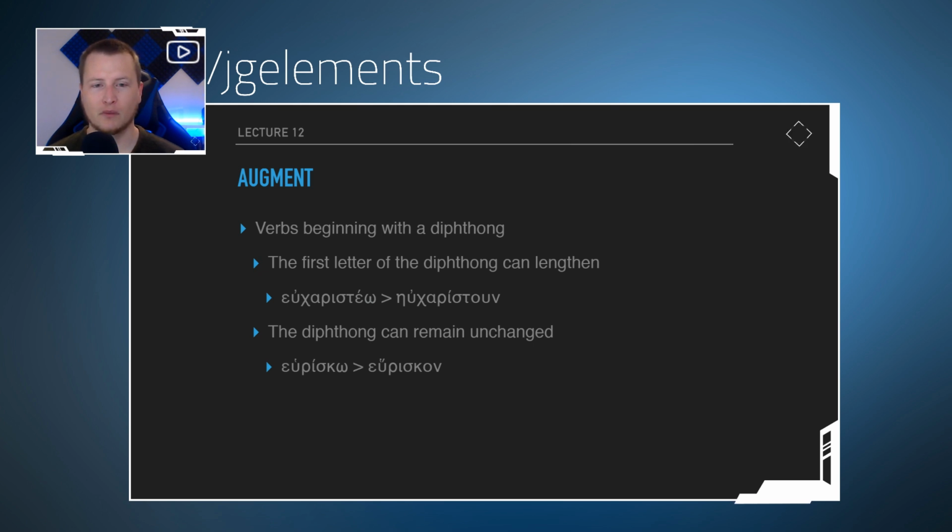So in this case, the epsilon will lengthen. And then it becomes eucharistoun. Okay? The diphthong can remain unchanged in some instances. Look at heurisko. It simply becomes heuriskon. So the only difference here is the secondary ending. Okay?